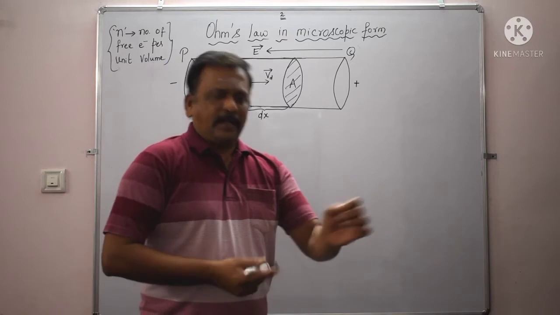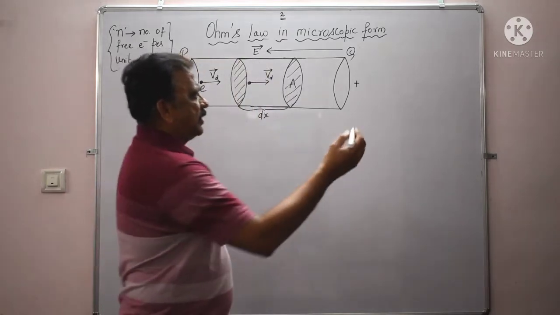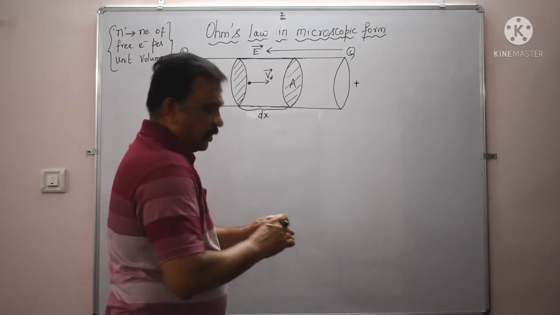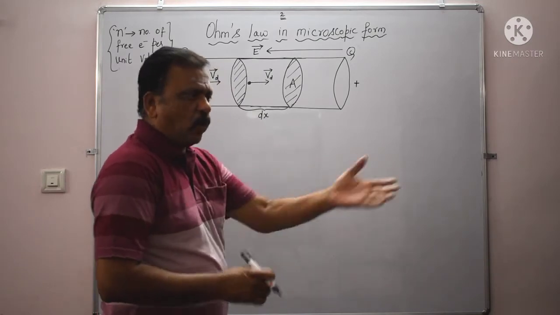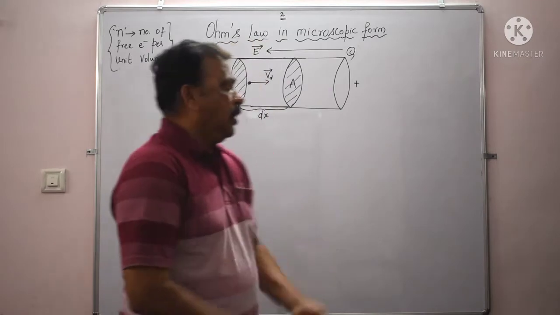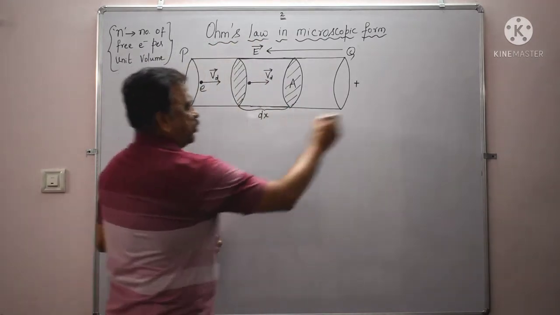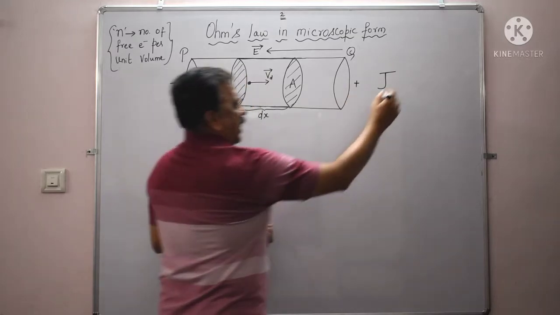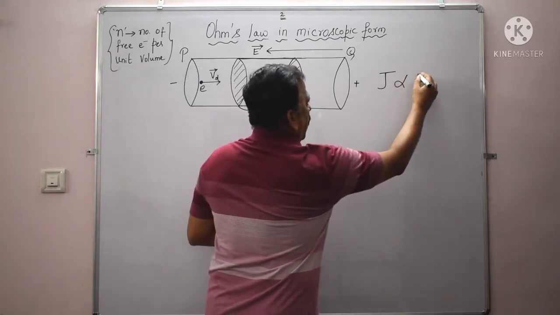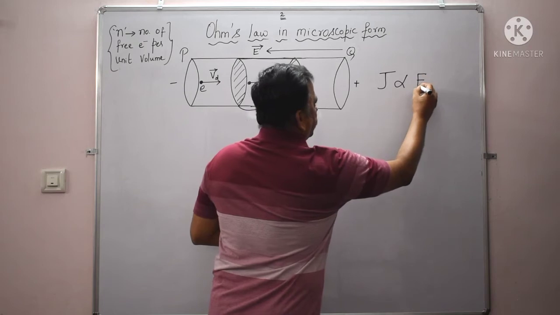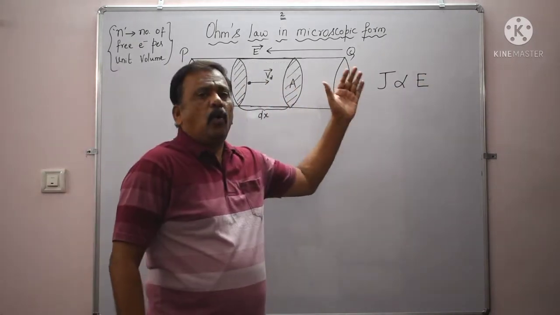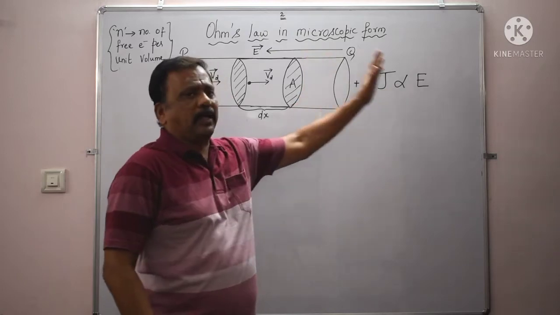In the earlier classes I taught you what current density is: current per unit area, that's what we call current density. Current density, denoted by J, is directly proportional to the applied electric field to the conductor, that is E. This is what we call the Ohm's law statement in microscopic form.